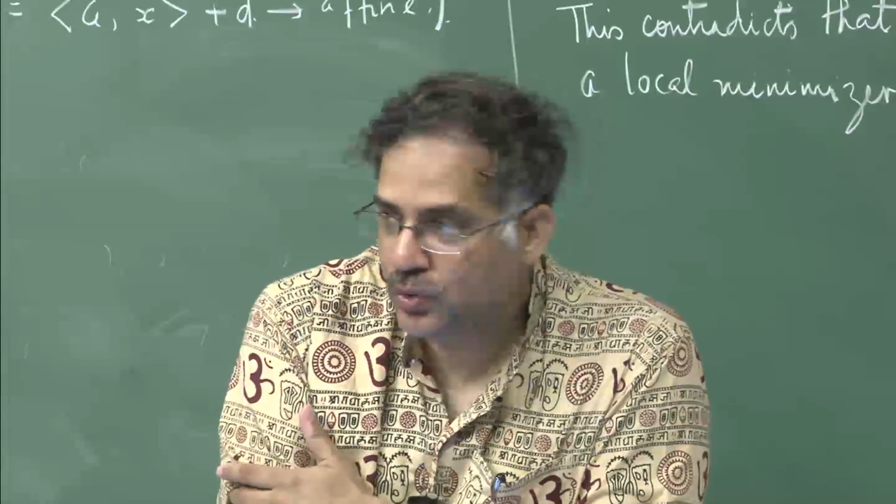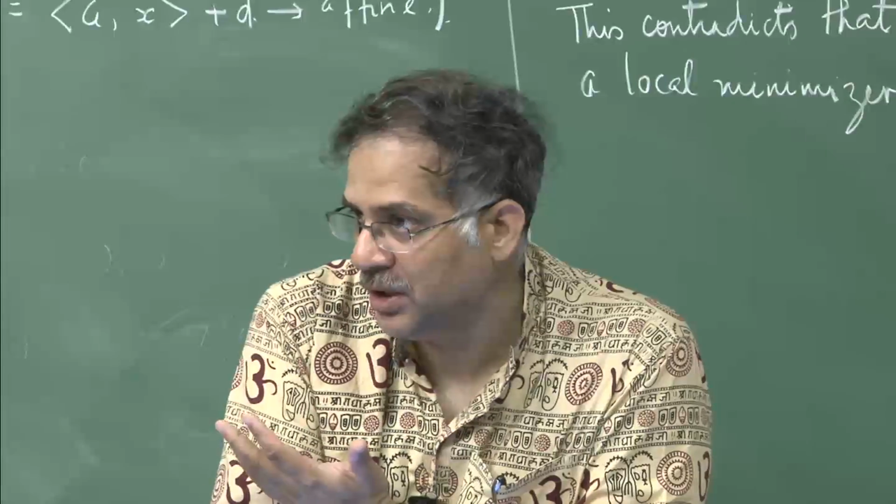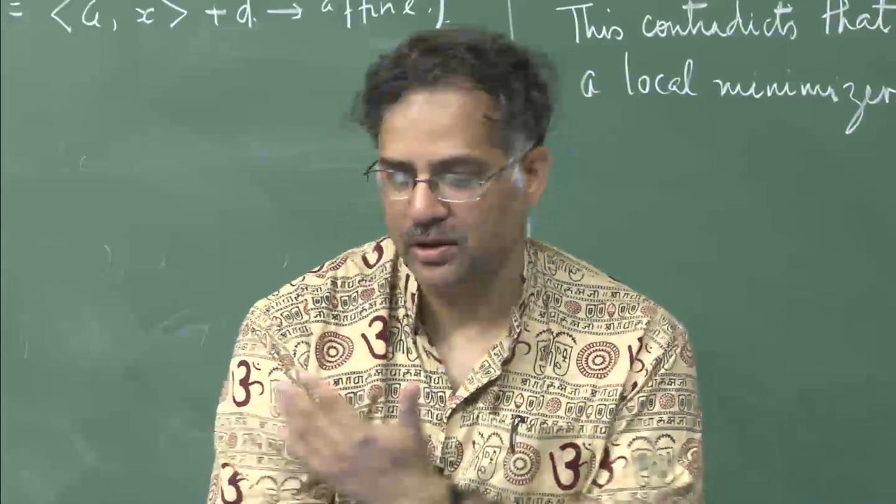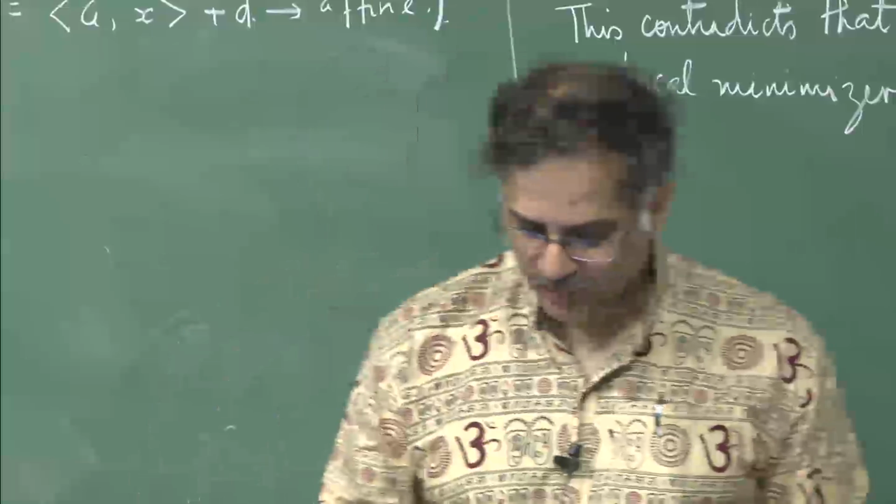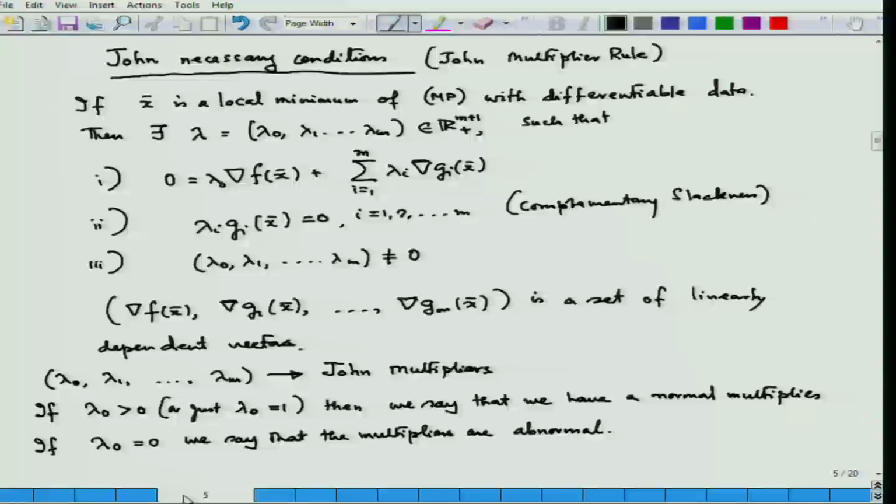But how do you assure that there is a normal multiplier? For that you have to impose certain conditions. One of the conditions which comes out very simply is that if lambda naught is 0, then in order to maintain 3, the vector lambda 1 to lambda m cannot be 0. So the gradients of g i at x bar are linearly dependent. So, if lambda naught is 0, these gradients of the constraints are linearly dependent.